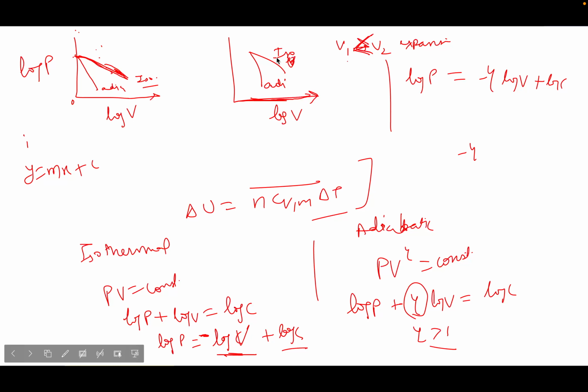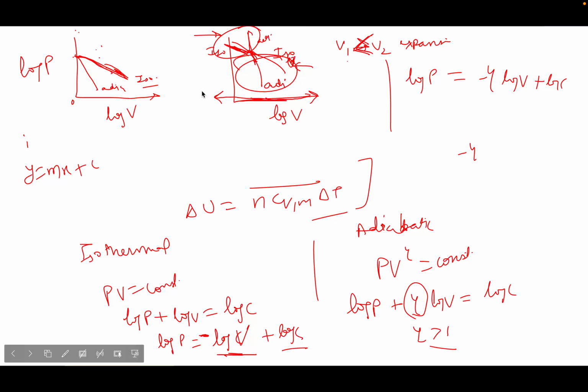But for the compression part, this will go backward, so we can say that iso will be below the adia. So adia will be above and iso will be below. Two parts of the same curve. This is for compression and this is for expansion.